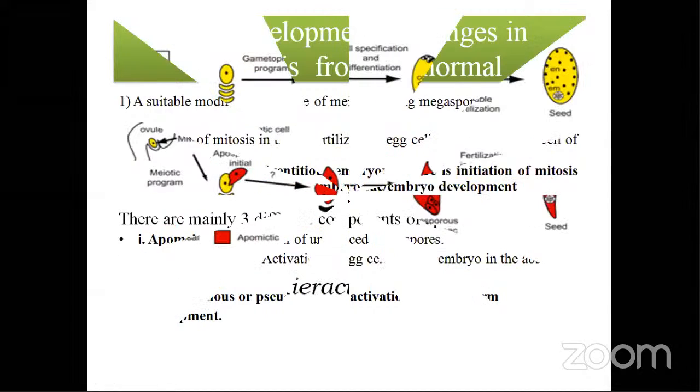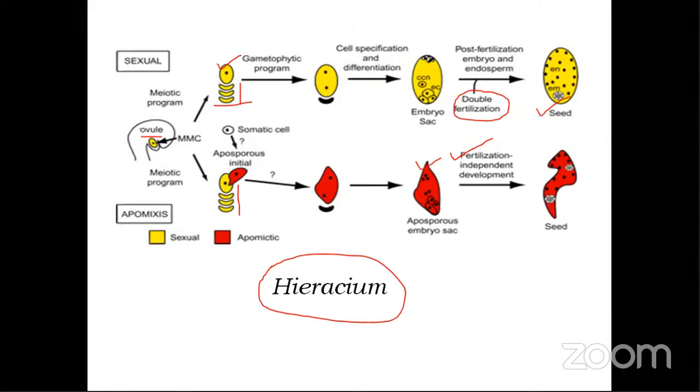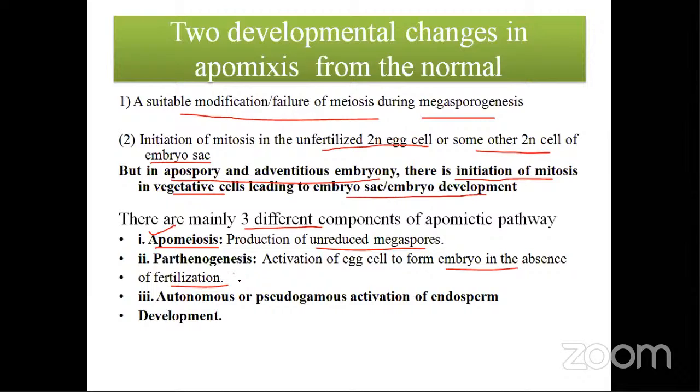Here also an egg cell is present. Normally the egg cell is not excited to form the embryo unless it is fused with the male gamete. But here, because the parthenogenesis process is occurring, it enables this particular egg cell to form the embryo, right? That is the process of parthenogenesis.